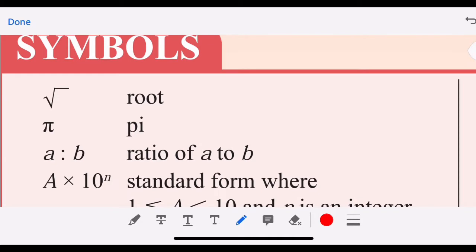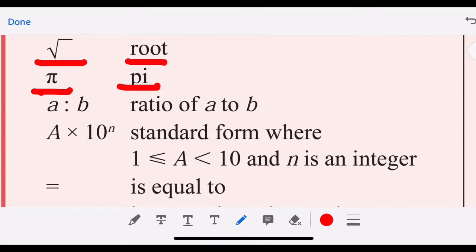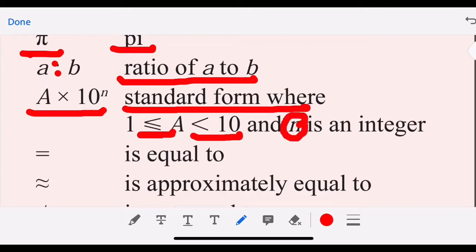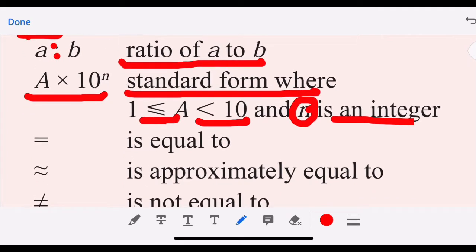Now when you see this symbol, it means root. This is pi. Right? This one with 2 dots is the ratio of A to B. This is A times 10 to the power n, which is standard form. This is very important. A can be more than or equal to 1 but less than 10. And then n must be an integer. Right.